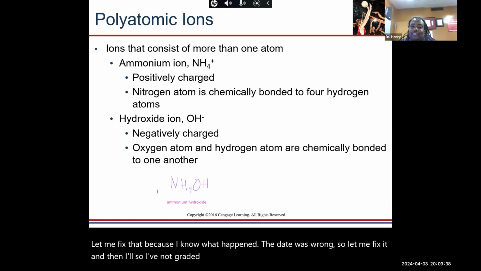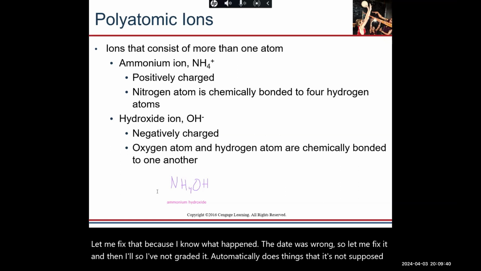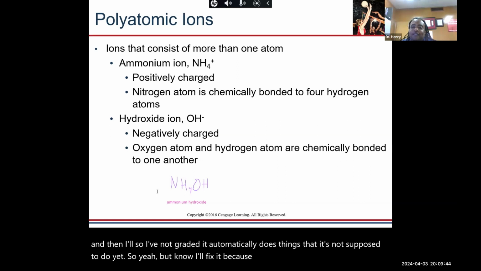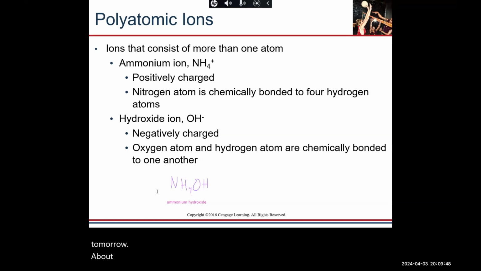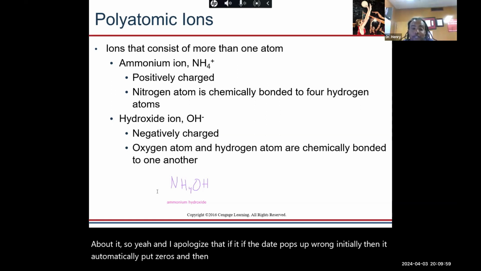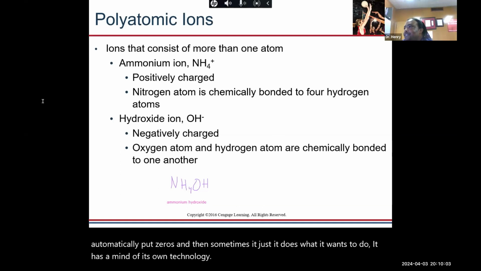It automatically does things that it's not supposed to do yet. Oh, it's fine. But no, I'll fix it because I'll be getting 50 emails tomorrow about it. Thank you. And I apologize, if the date pops up wrong initially, then it automatically puts zeros, and then sometimes it does what it wants to do. It has a mind of its own. Technology possessed.